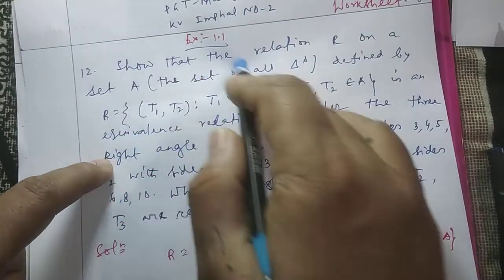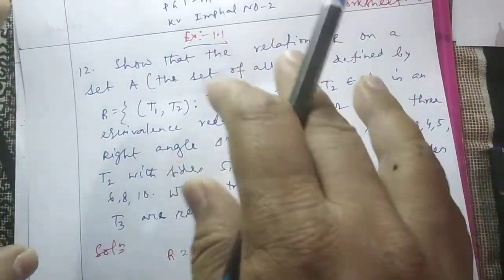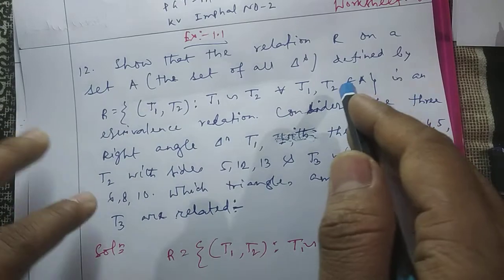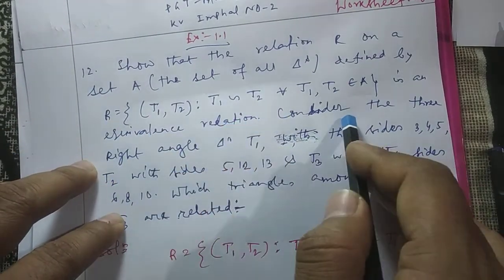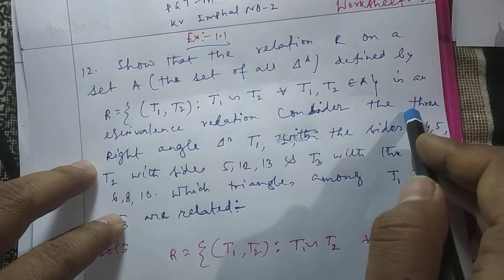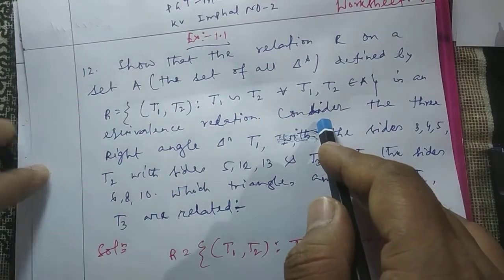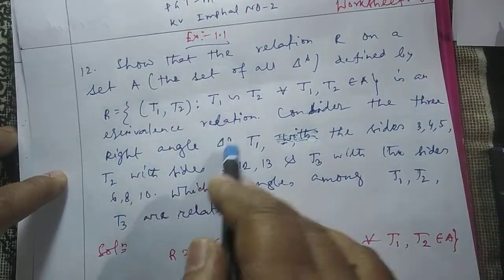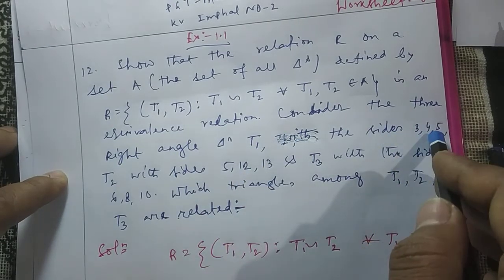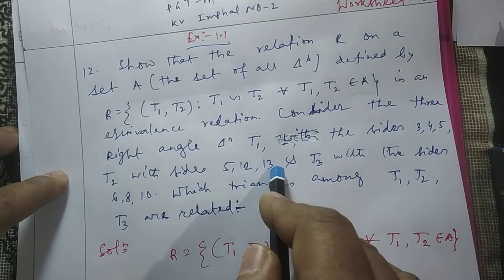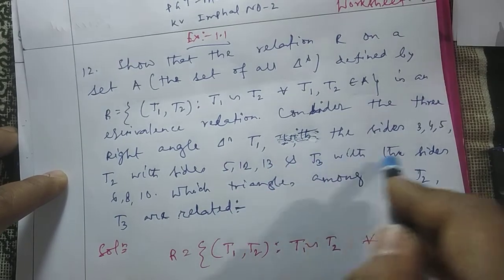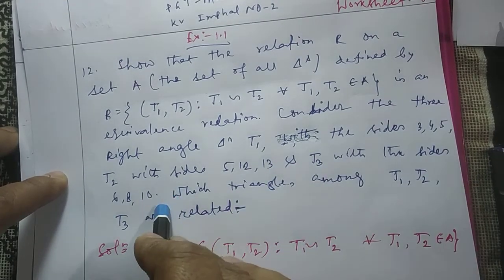Now look at these questions. This question will have 2 parts. First we have to prove that R is an equivalence relation. After that one more part has been added. What is that? Consider the three right angle triangles T1 with the sides 3, 4, 5, triangle T2 with the sides 5, 12, 13, and triangle T3 with the sides 6, 8, 10.